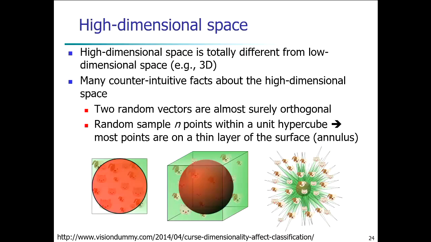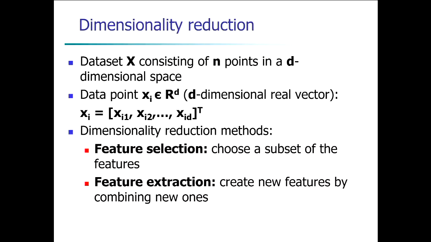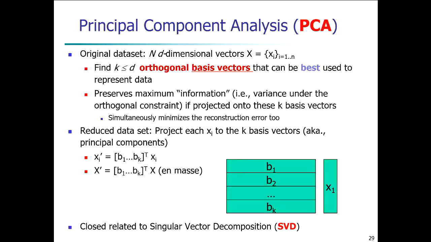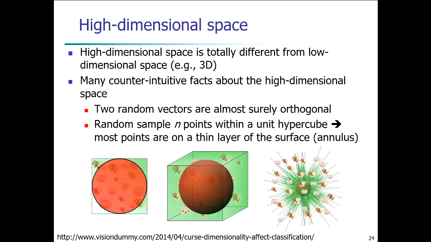I just try to give you some kind of idea. I think I have some slides. For example, I just pick up this fact. High dimensional space is actually very different from low dimensional space.